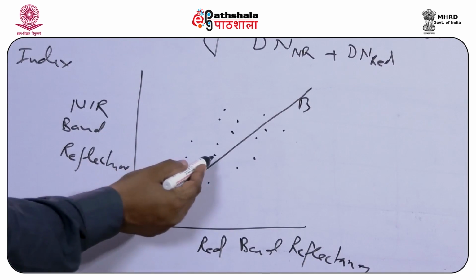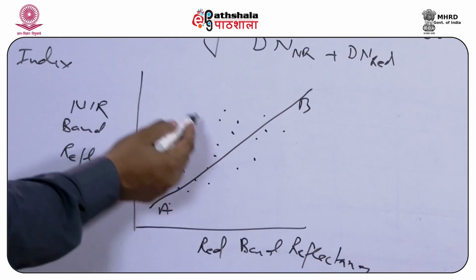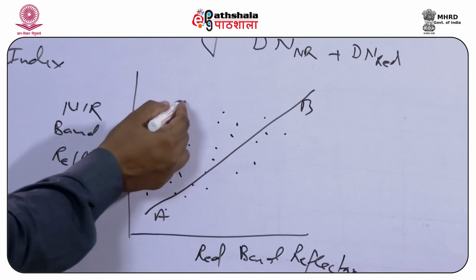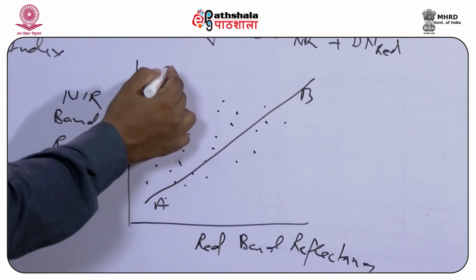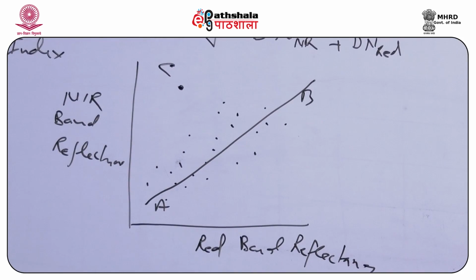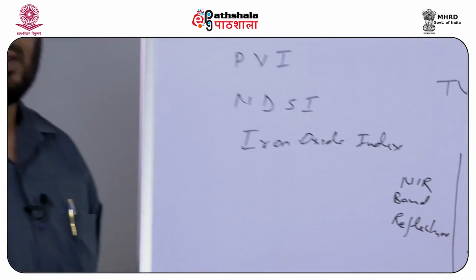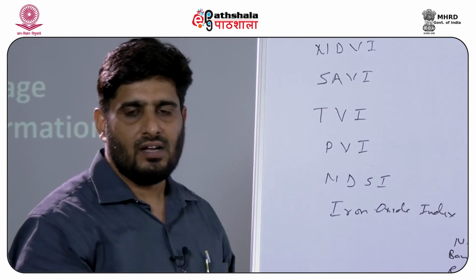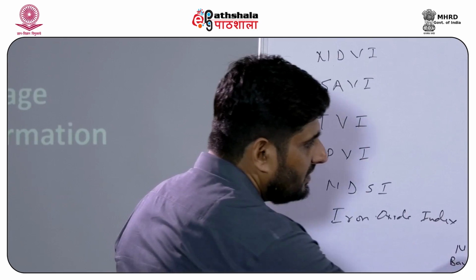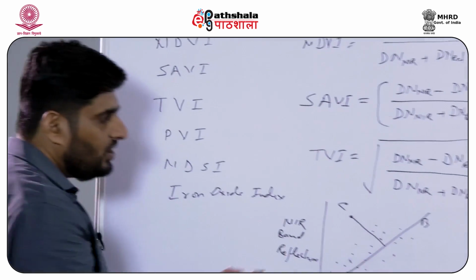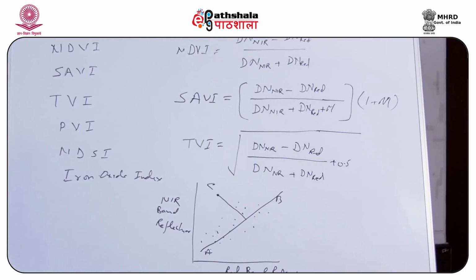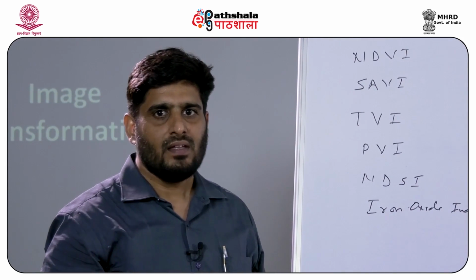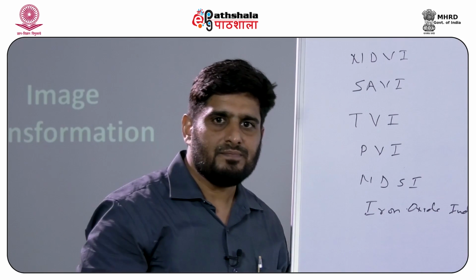As we move away from this line towards the left corner, we reach the vegetation point. For example, if we consider this point C, and we want to develop the perpendicular vegetation index for this point, we will drop a perpendicular from C upon line AB. And the length of this perpendicular will give us the value of the perpendicular vegetation index.